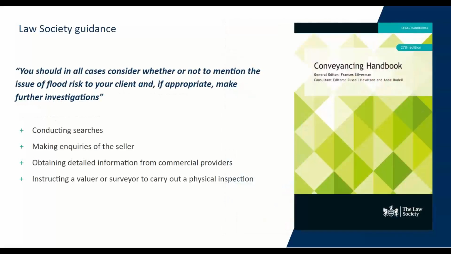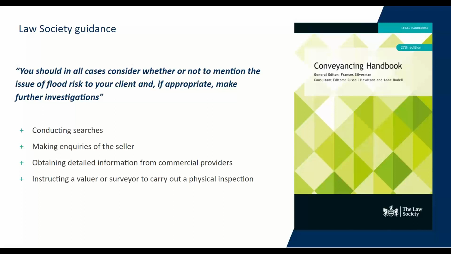Now, there are slight nuances between the wording used in the conveyancing handbook and the practice note. However, both advise similar further investigation options. Whilst there are various ways to investigate flood risk, including using government services such as the Environment Agency website or the HM Land Registry flood indicator, the most effective way of identifying whether a property is at risk is by conducting a search through a provider such as ourselves or whoever you want to use.